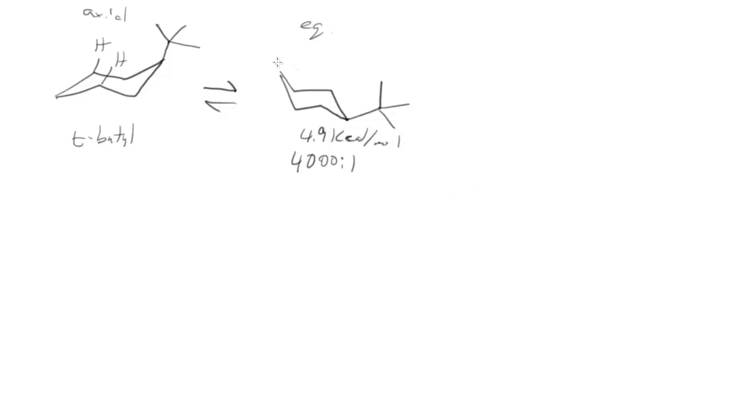So in this case, we would say that we have nearly all of the equatorial one. The other one was only 19 to 1, so we have quite a few of the axial ones around. Once we get a large group like t-butyl, it's practically all in the equatorial and almost none left in the axial.